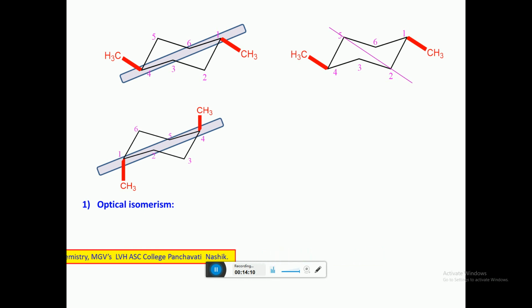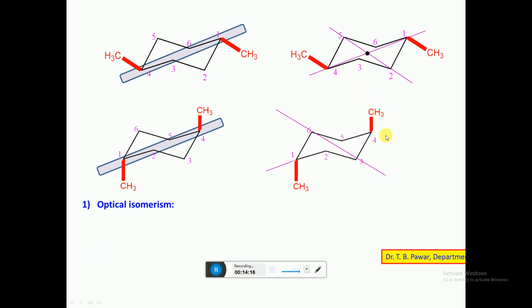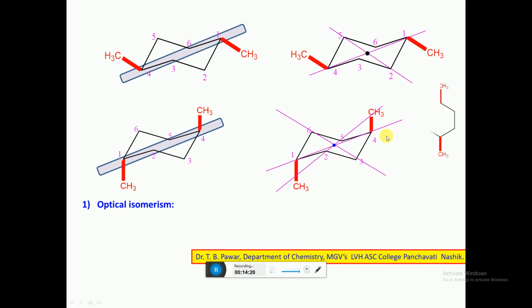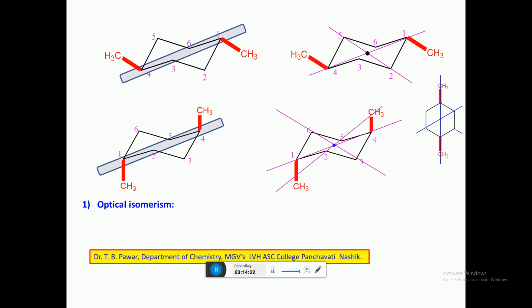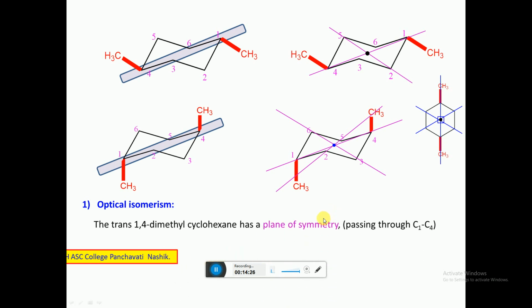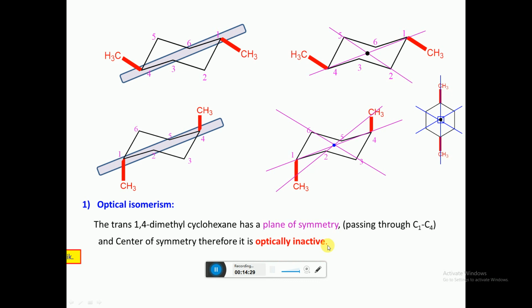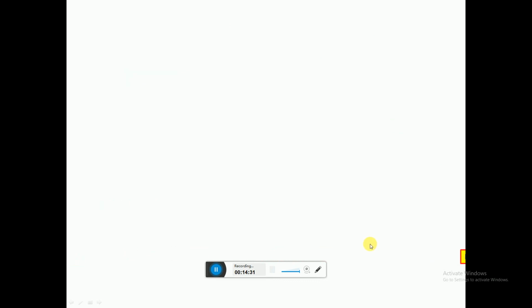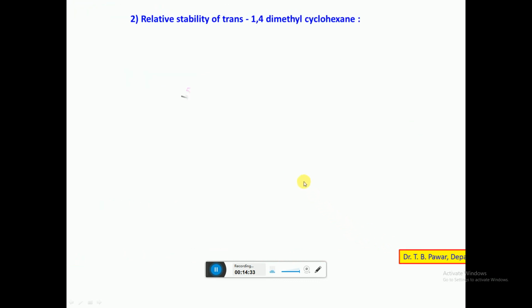Along with the plane of symmetry, there is also a center of symmetry here. And because of the plane of symmetry and center of symmetry, the molecule is optically inactive. Now relative stability of trans.